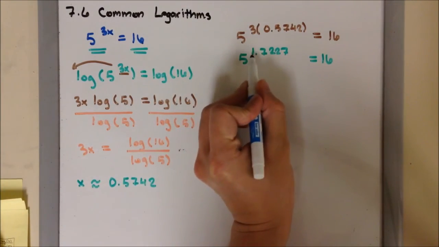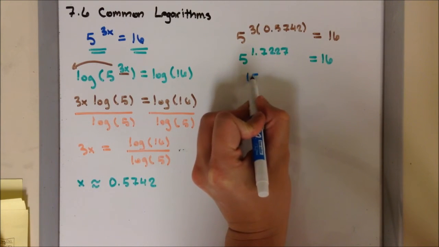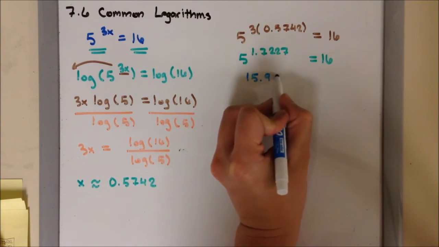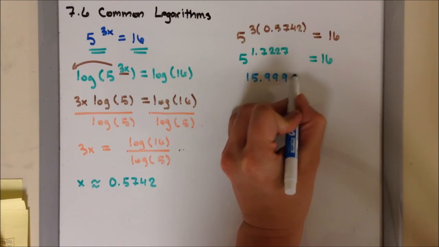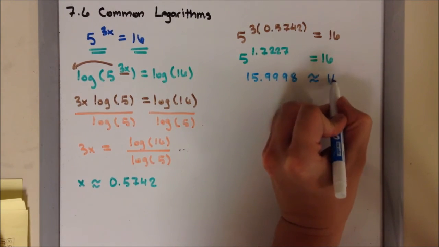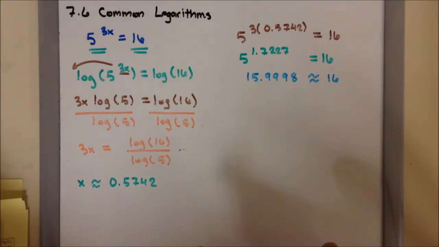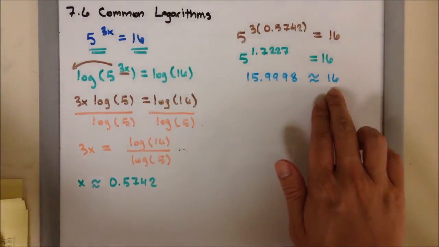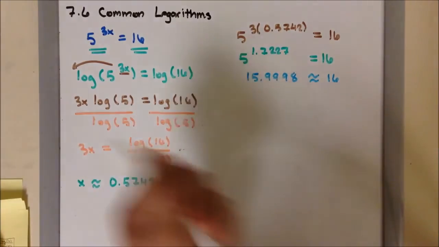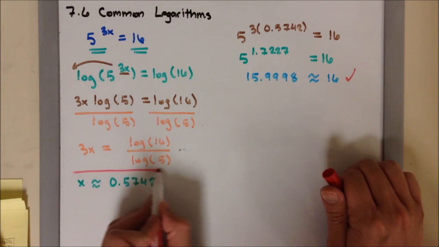So 5 to the power of 1.7227 is 15.9998, which is close to 16. So that means that our answer is correct because it's very, very close to 16. So this is good. We know that our answer works. So let me box that up.